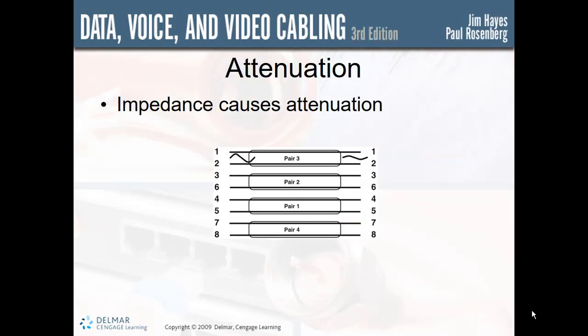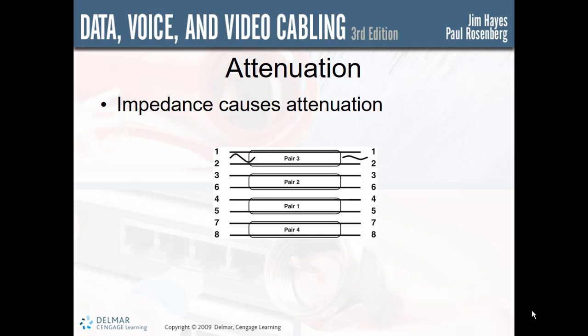As an electrical signal travels down the cable, the impedance causes attenuation. At the far end of the cable, the signal will be smaller than at the transmitter. It is important that the attenuation be less than a specified value, so the received signal is of adequate strength for proper data transmission.